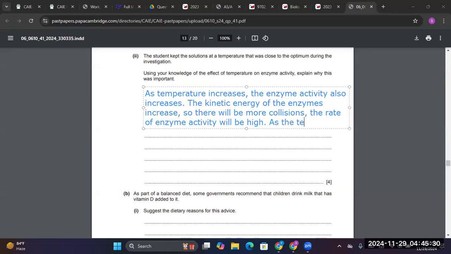As the temperature reaches the maximum temperature, or I'm saying maximum temperature, I meant optimum temperature, the enzyme activity will be maximum.